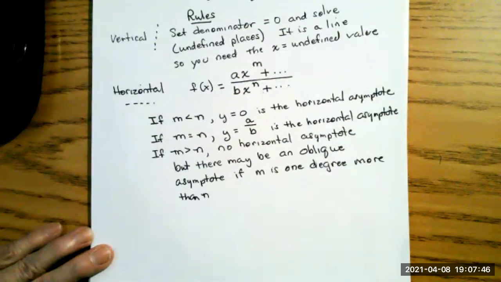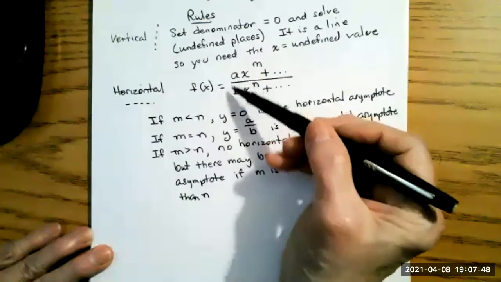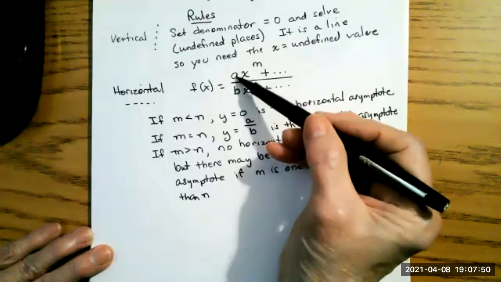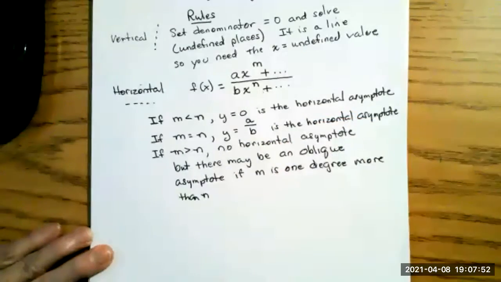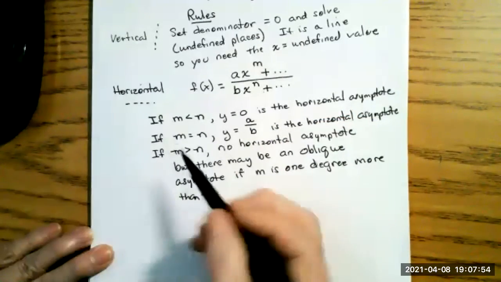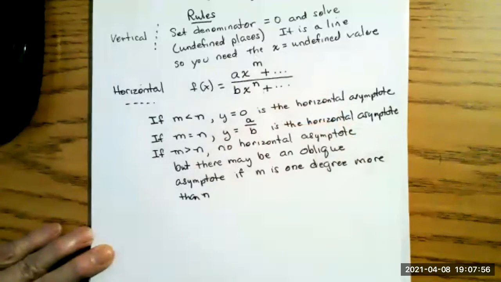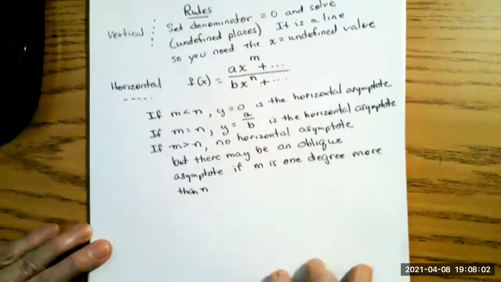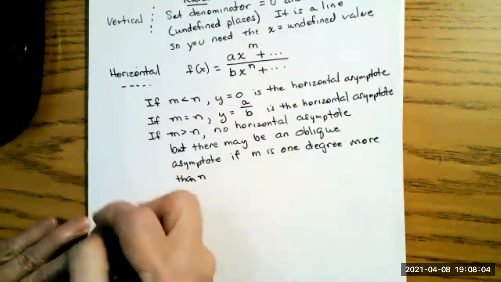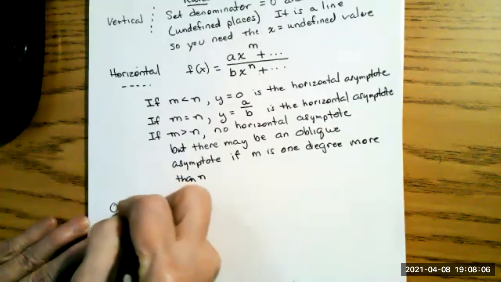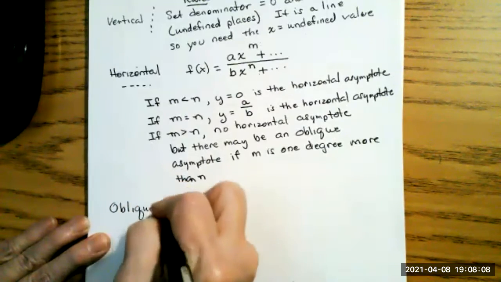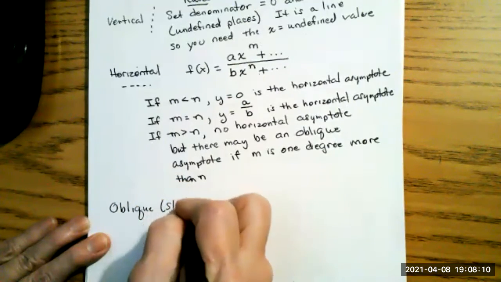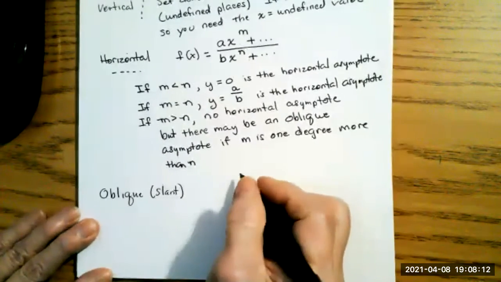If m is equal to n, then you have to use these coefficients. Put a over b. If m is greater than n, there is no horizontal one, but if it's greater by 1 degree, then that's how you have an oblique asymptote. They used to call these a long time ago in one of the books slant asymptotes.